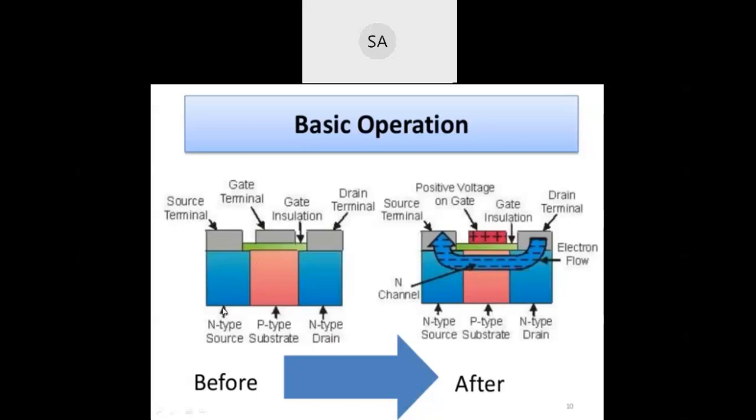These are the two diffusions into the P-type substrate, and an oxide layer is formed on it, and an aluminum terminal is placed on the oxide, and there will be a channel.